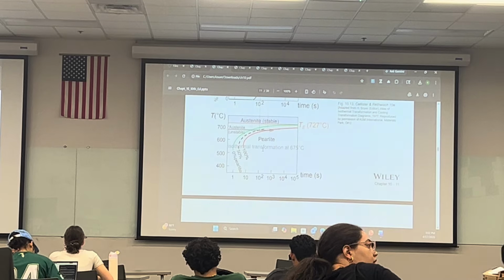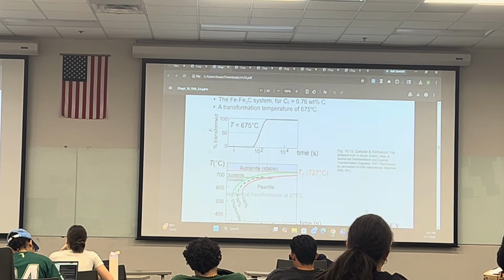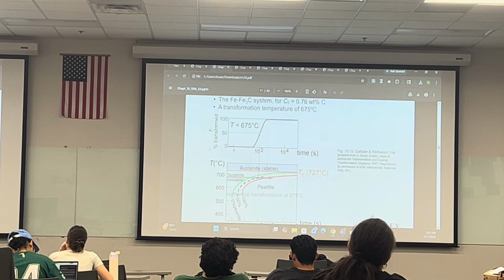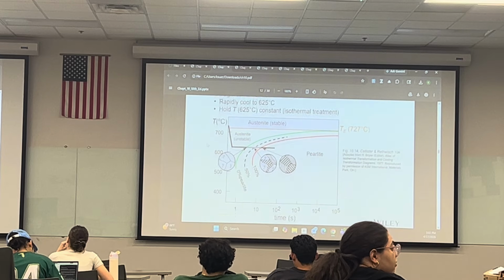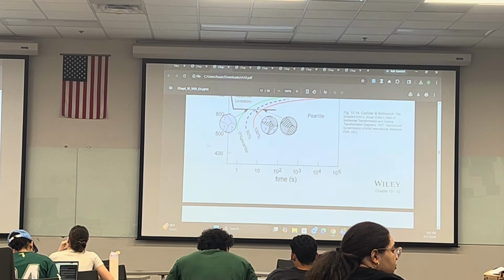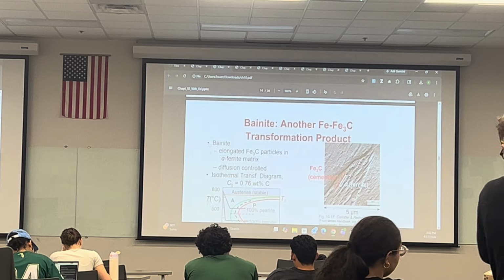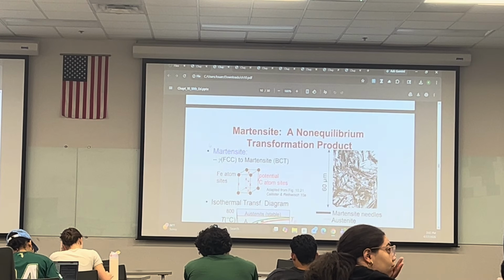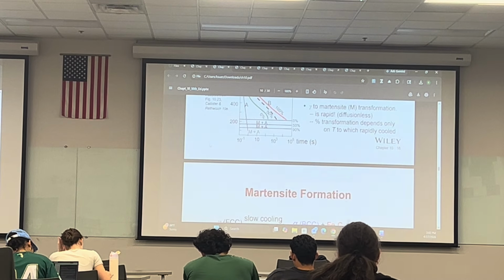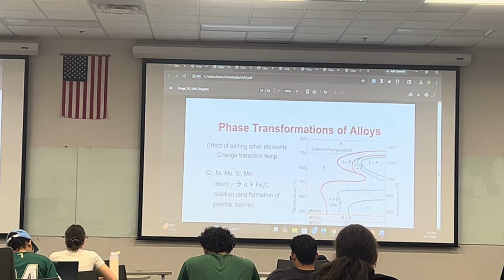We talked about this diagram here, pearlite and all these other phases, and how they transform. So review this stuff again, and take a look at the assignments. Any specific question about this chapter?